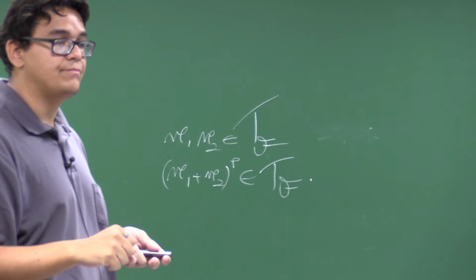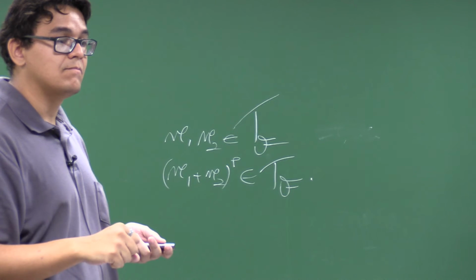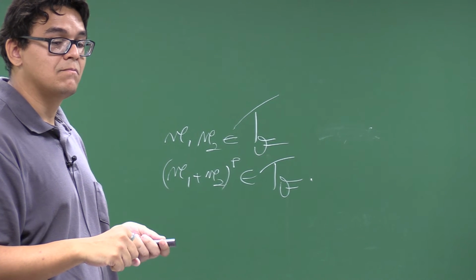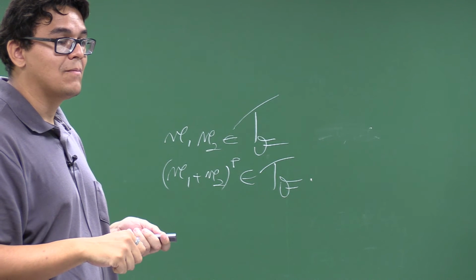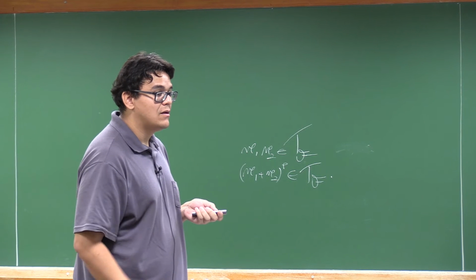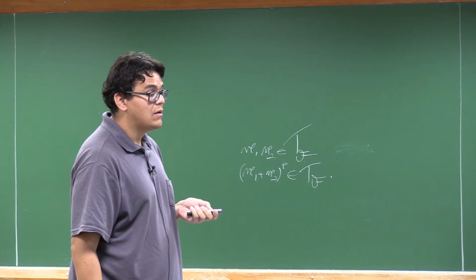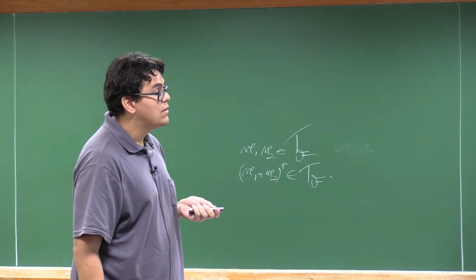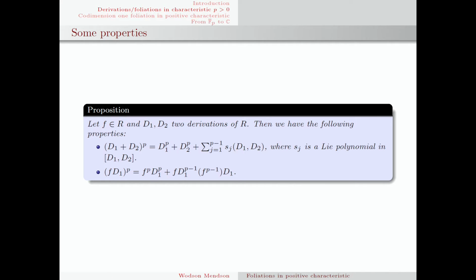That's the point. Okay, I'll explain this later. Maybe this index j means the depth of the Lie bracket. This one means just one Lie bracket. This two means you are using a Lie bracket of the Lie bracket, and so on. So this means that at most you have p minus 1 nested Lie brackets.